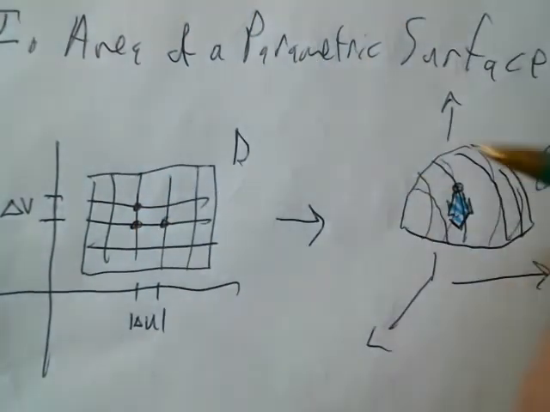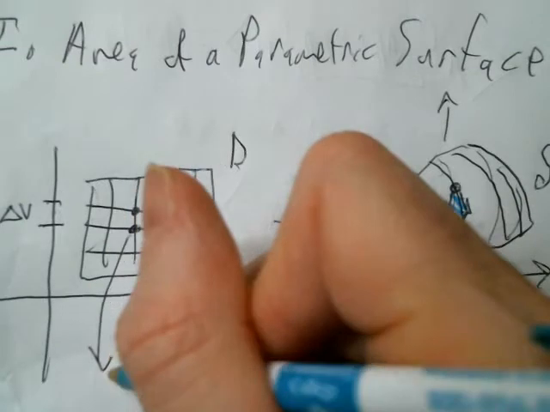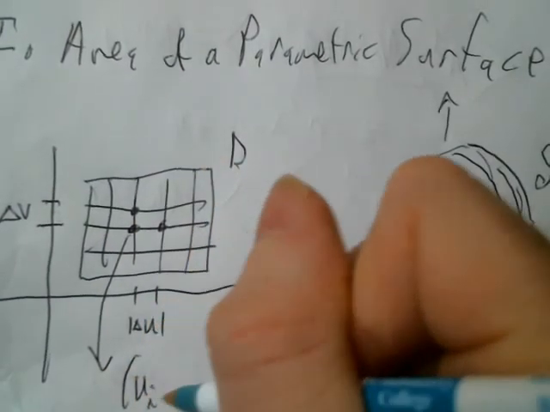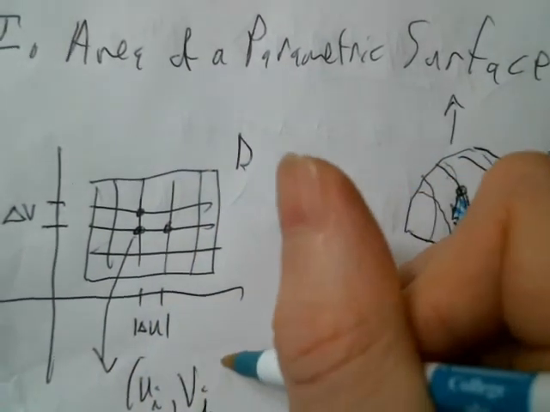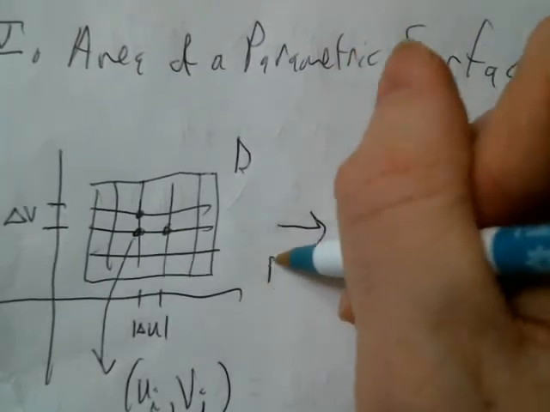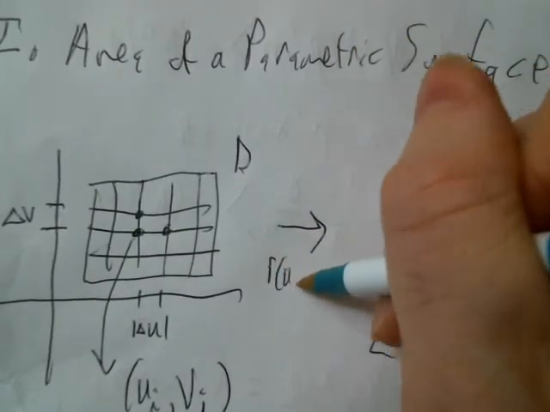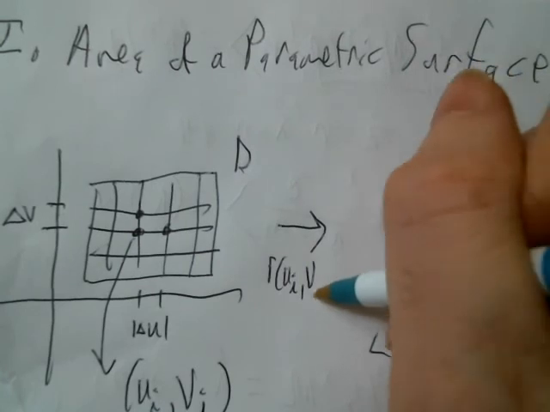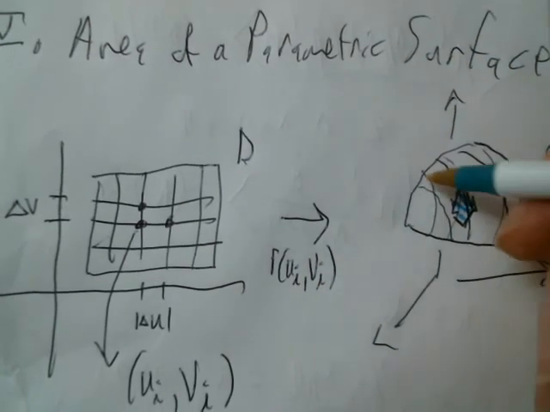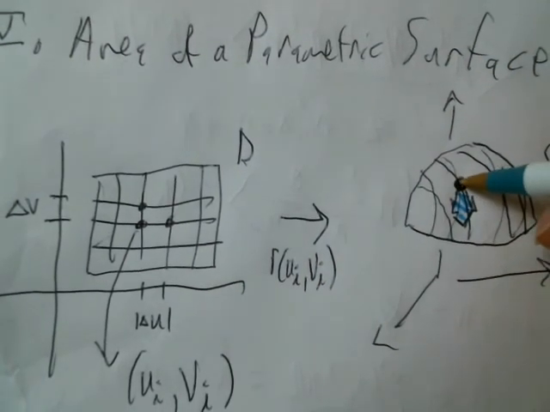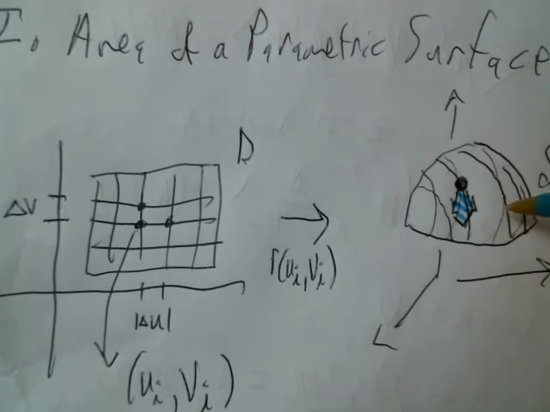So if we take this particular point here to be u sub i comma v sub i, and then we go r of u sub i comma v sub i, and we're putting that point right here. Okay? We want to create some vectors on this surface.